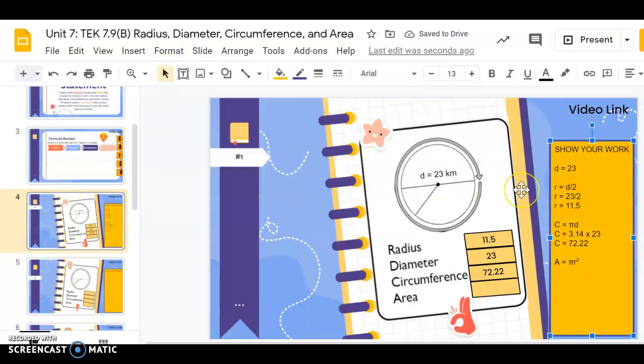All right, so now I need to substitute my values. A equals pi is 3.14 times my radius. What is my radius? We can go over here, 11.5. When I square a number, that means this little number tells me how many times I'm going to take the r and multiply it by itself.